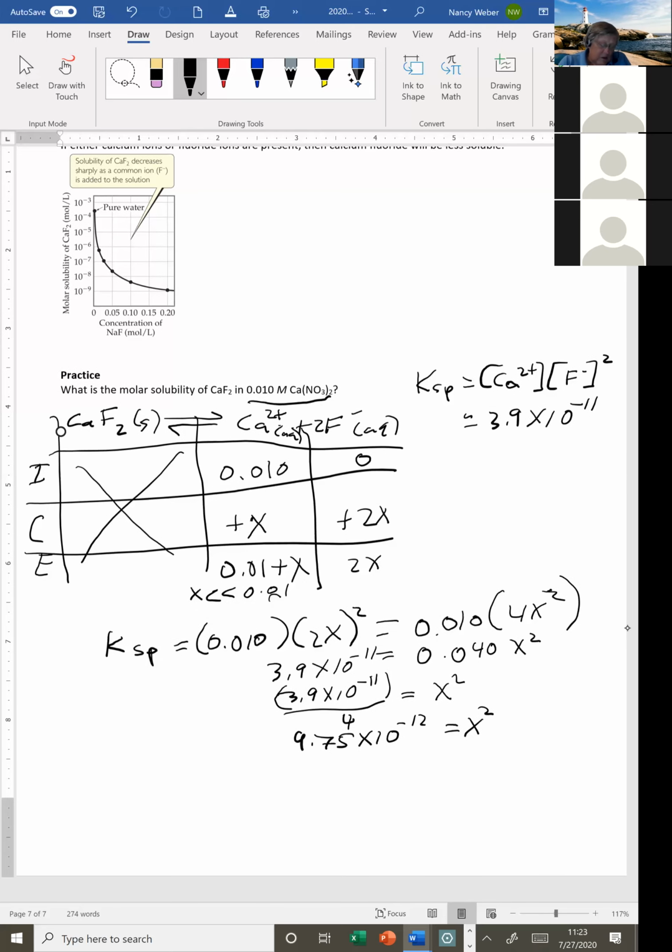So X will equal 3.12 times 10 to the minus 6th molar, and that's your calcium ion.